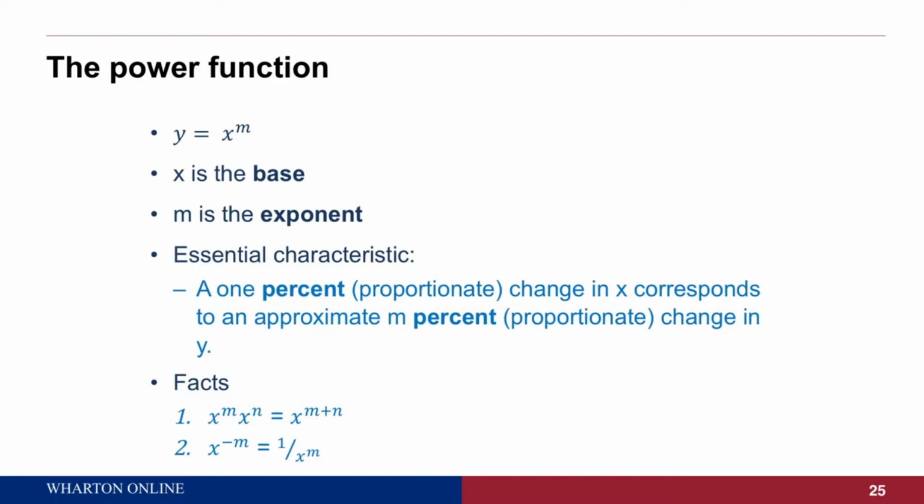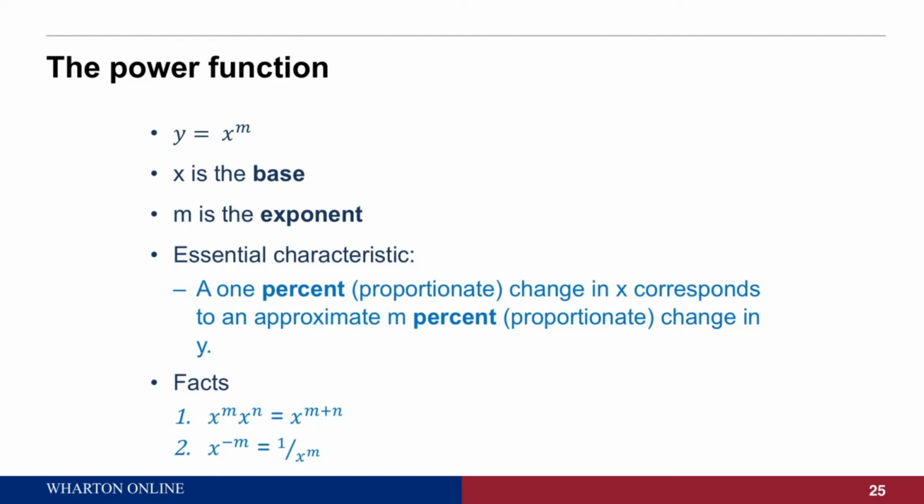If x changes by 1%, not 1 unit anymore, but 1%, then y is going to change by approximately m%. So the m in the exponent of the power function is relating percent change in x to percent change in y. And it's important that the word here is approximate. It is approximate, but it's a good approximation for small percent changes.